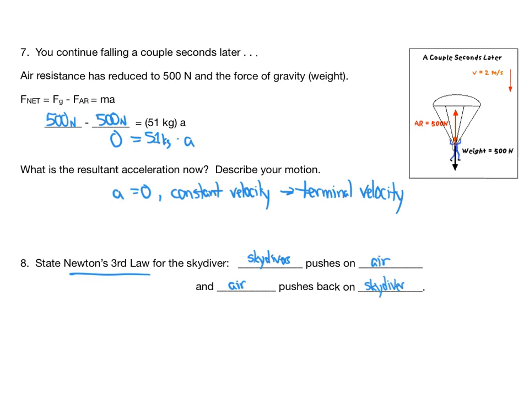It could be that gravity pushes or pulls on the skydiver, which is actually the gravity from the Earth, right? And the skydiver pushes back or pulls back on gravity, or essentially pulling back on the Earth, really, right? It could be the parachute pulls on the skydiver, and the skydiver pulls back on the parachute. So a lot of different examples there.